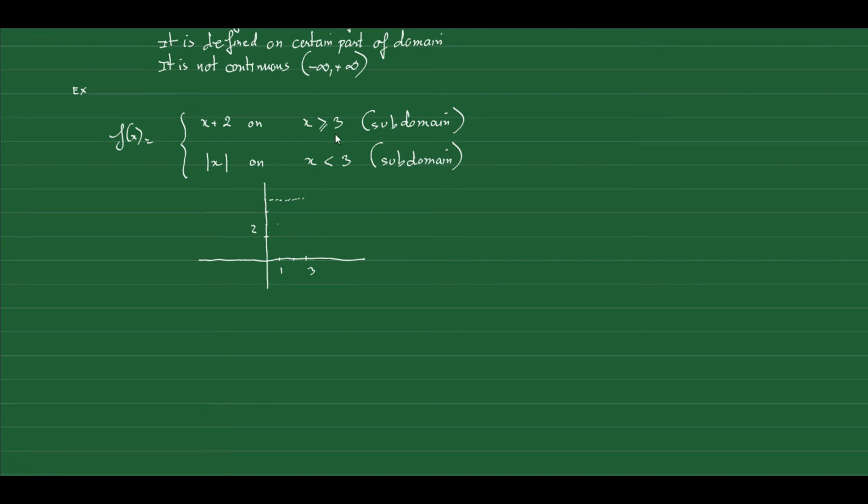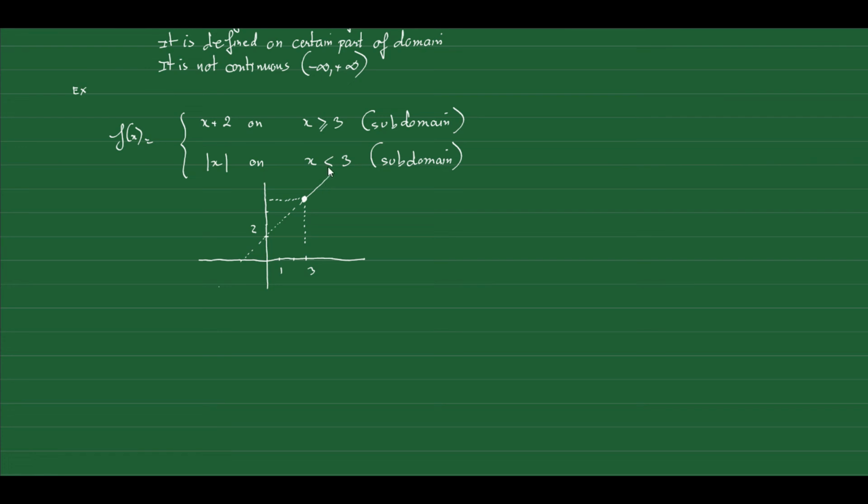It's greater than 3 only, so it starts right over here. Because it's greater than or equal to 3, we have a closed circle here.